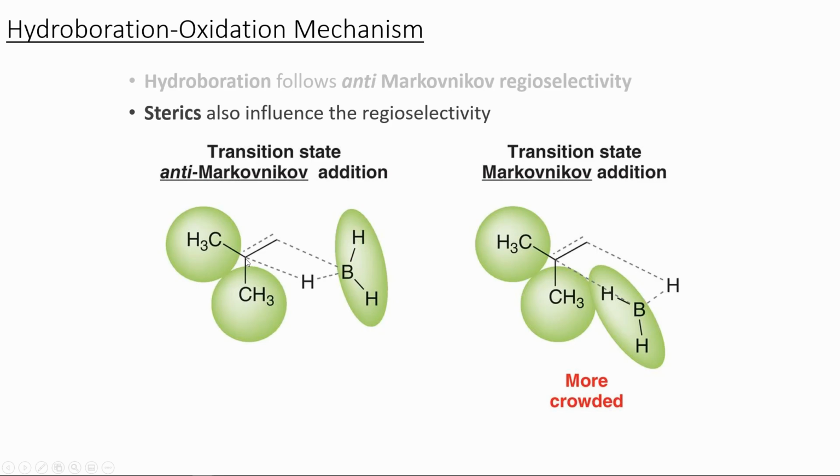Not only does the more substituted position stabilize the positive charge more, but if the boron were to try to coordinate to that position, there will be some steric interactions between the alkyl groups attached and the boron itself. So this is going to lead us towards a transition state for anti-Markovnikov addition using the hydroboration-oxidation mechanism.